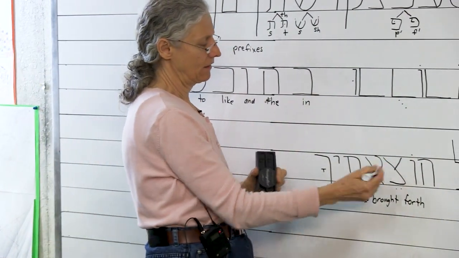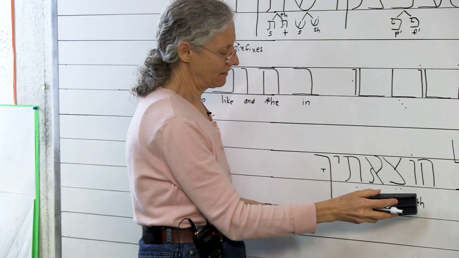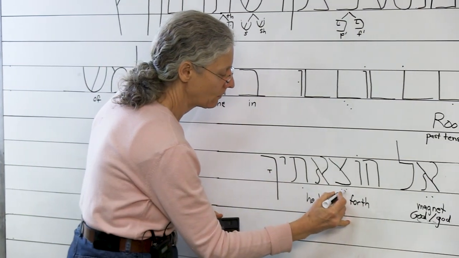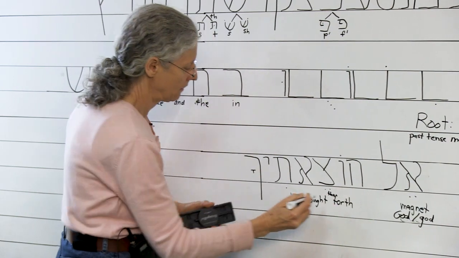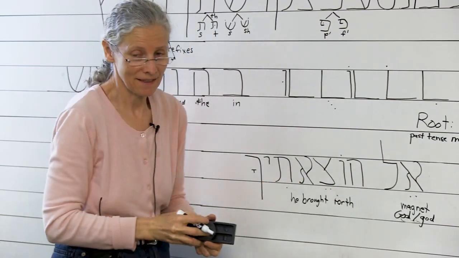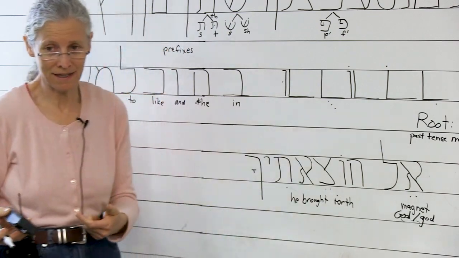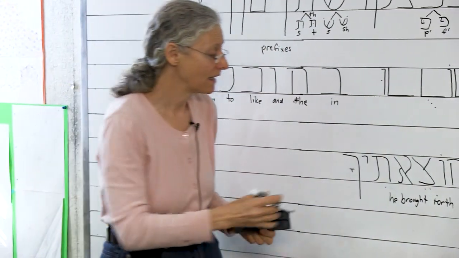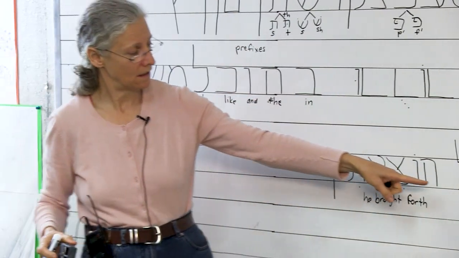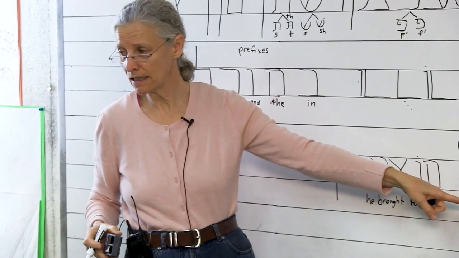Reflexive. Brought them forth, I guess. Brought them forth. Why them? Or brought, well, I'm not sure, because in the context, again, you're using context. It's God, right? El. Is it El before Hotse Ticha?